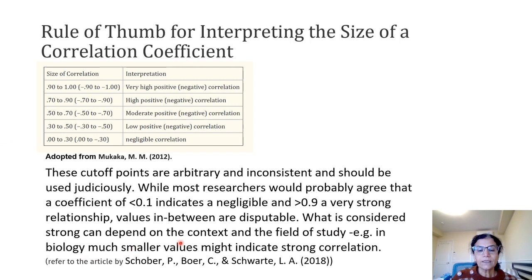What is considered strong can depend on the context and the field of study. For example, in biology, much smaller values might indicate strong correlation. You may refer to another article. You can see the name in the references list.